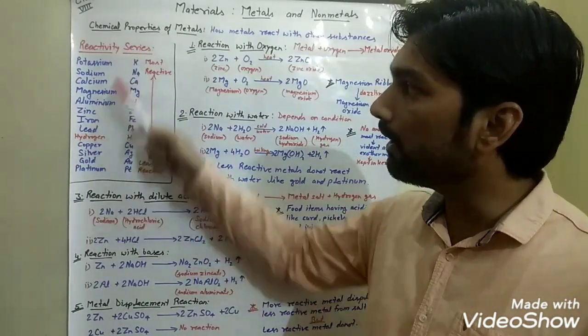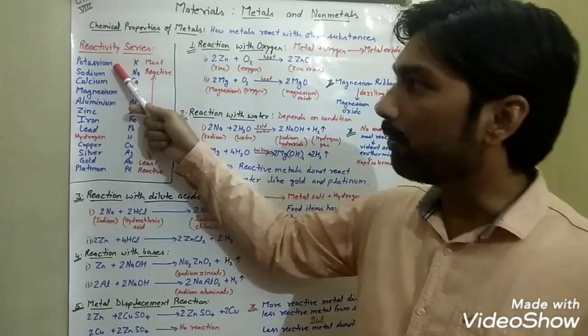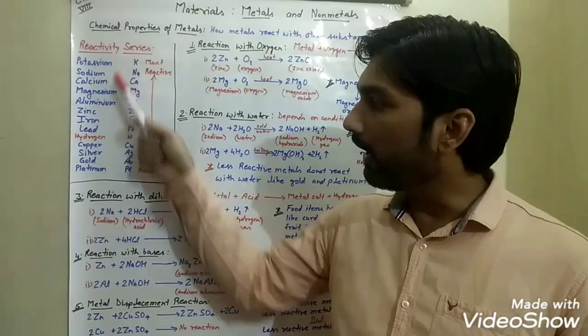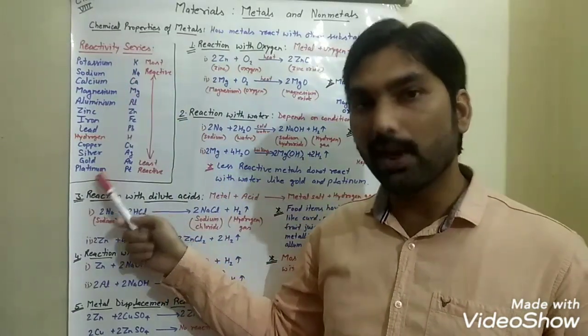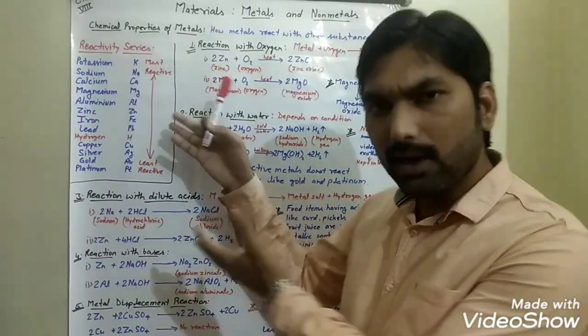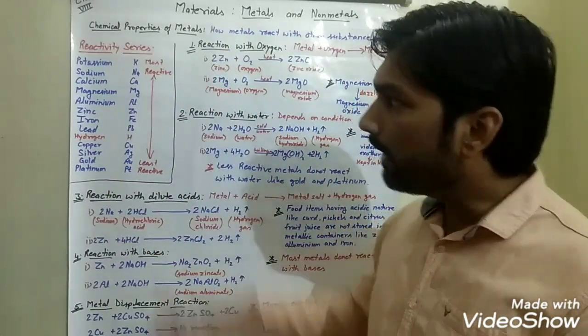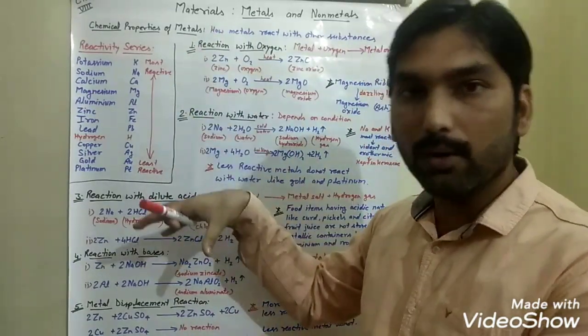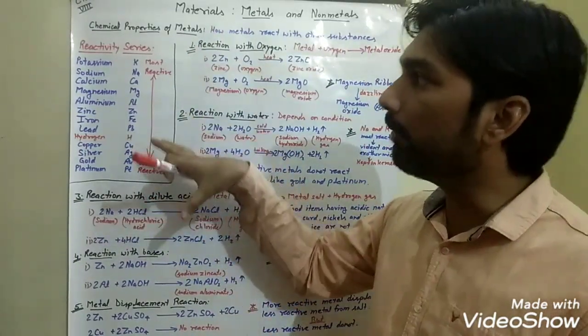Here you can see potassium at the top and platinum at the bottom. Very few names are listed, so this is not the total number of metals in the reactivity series.